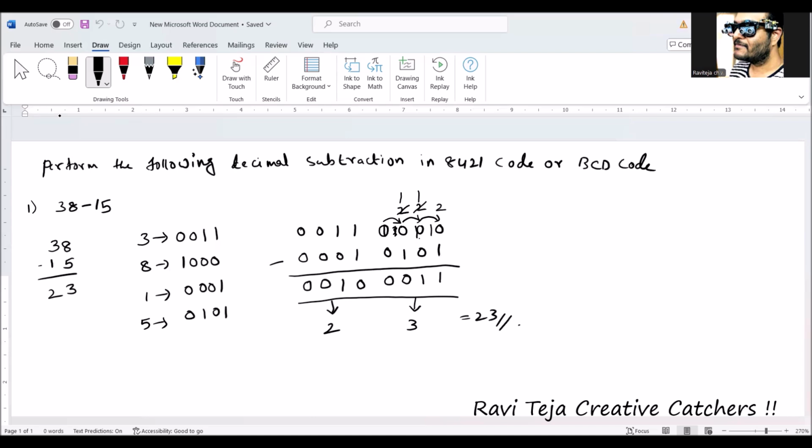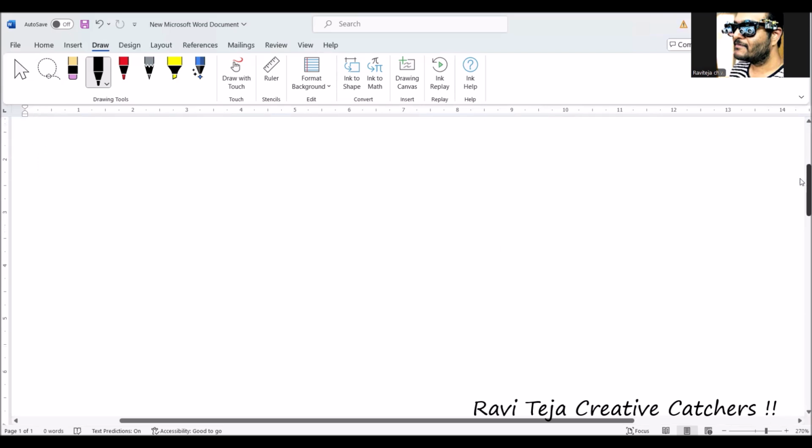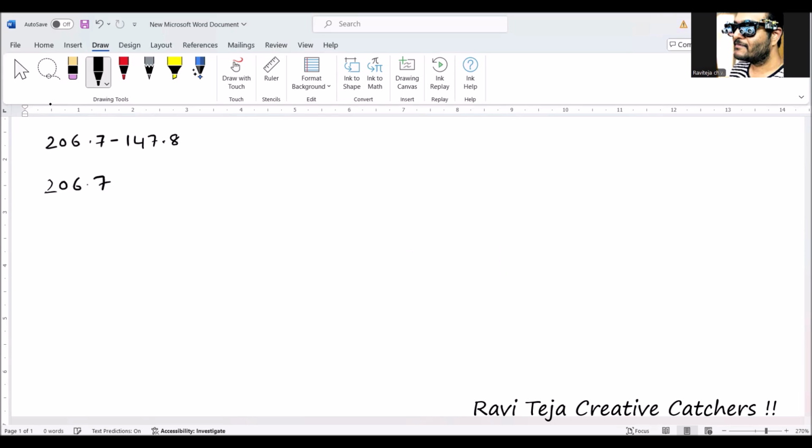Now let's take a bigger value and see how it can be subtracted. 206.7 minus 147.8. 206.7 minus 147.8 gives 058.9.